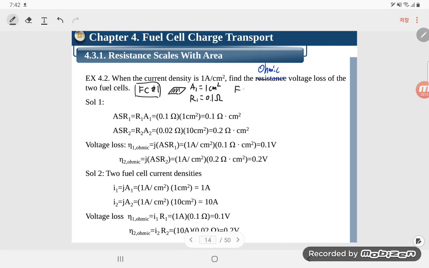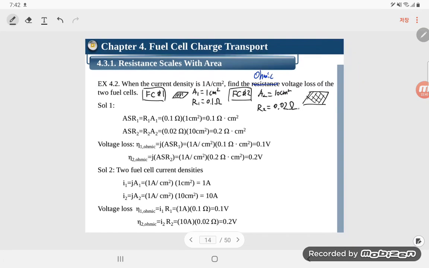And for the second fuel cell, the membrane and electrode assembly has an area of 10 square centimeters, bigger than that, and its overall resistance is 0.02 ohm.